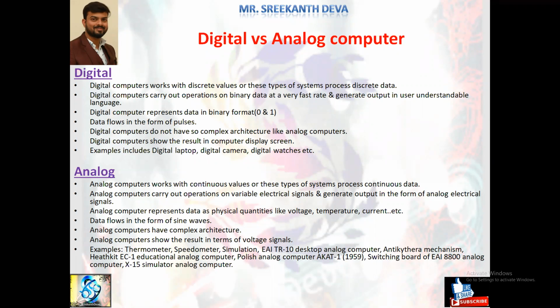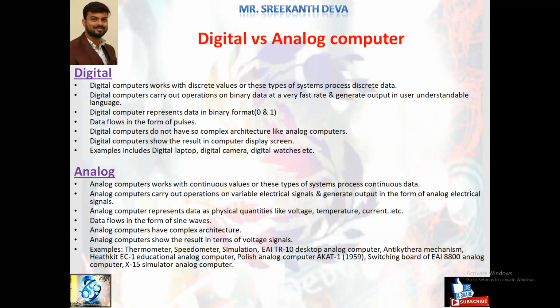Digital computers are more efficient in discrete calculations. Analog computers are more efficient in continuous calculations. Digital computers represent data in a binary format like zeros and ones. In analog computers, data is always represented as physical quantities like voltage, temperature, current, and speed.